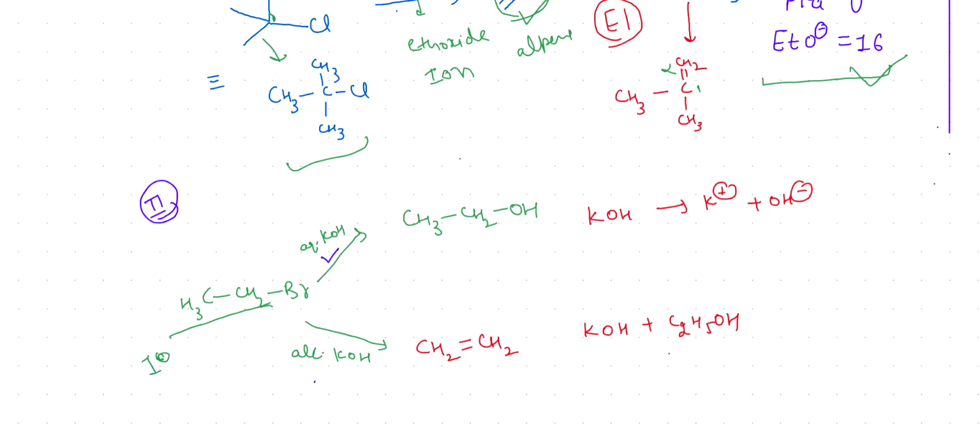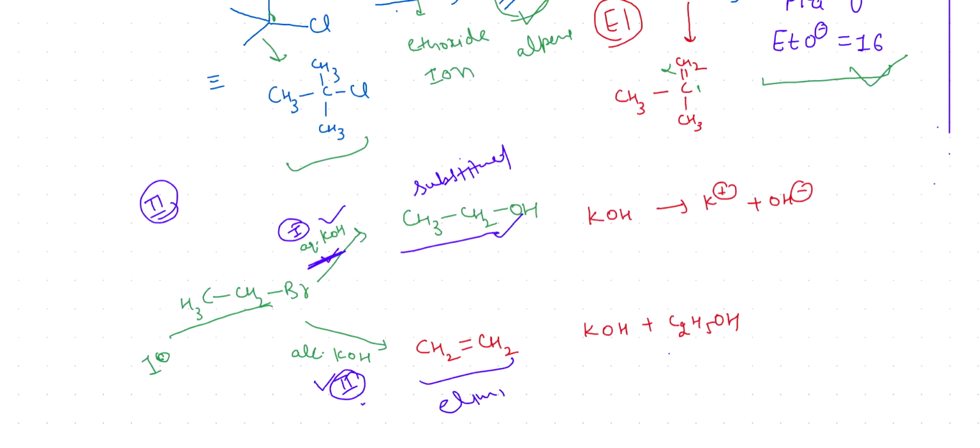So here see the difference between the reagents. In the first case aqueous KOH, in the second case alcoholic KOH. And look at the products obtained. From aqueous KOH we are getting the substituted product, that is ethanol. But in the case of alcoholic KOH, we are getting the eliminated product, that is alkene.